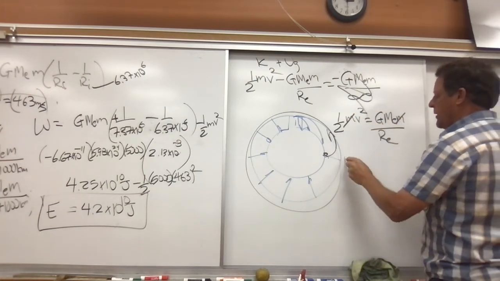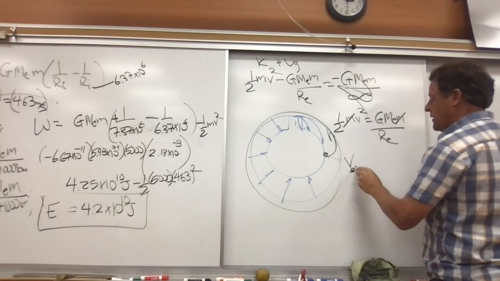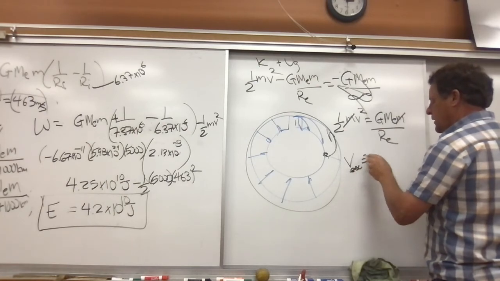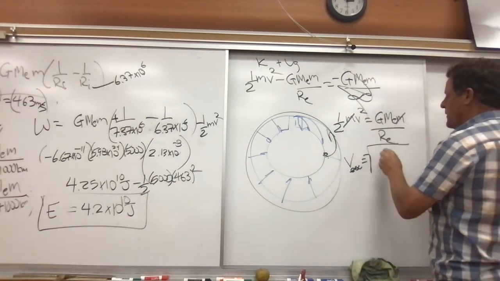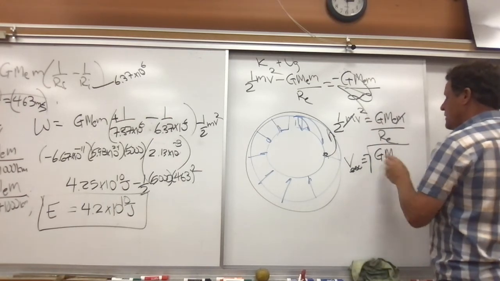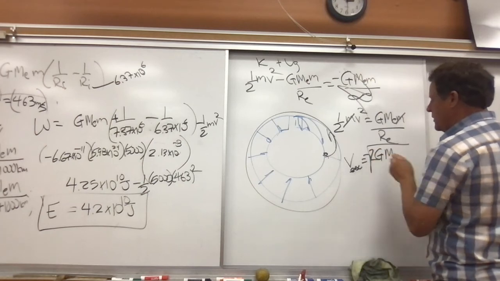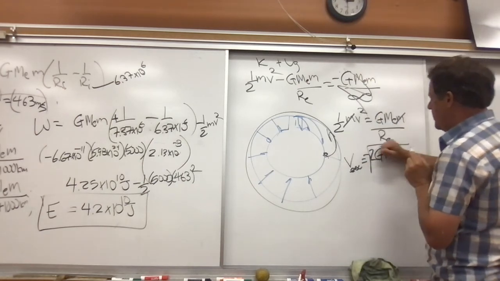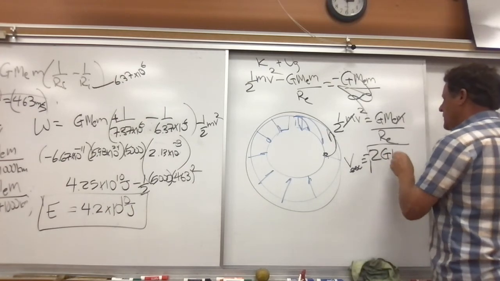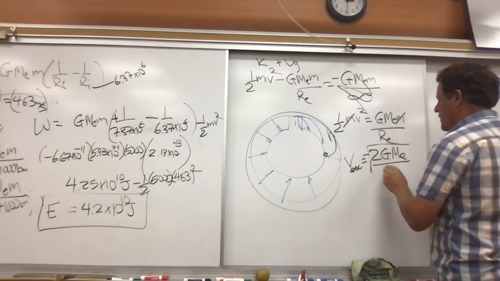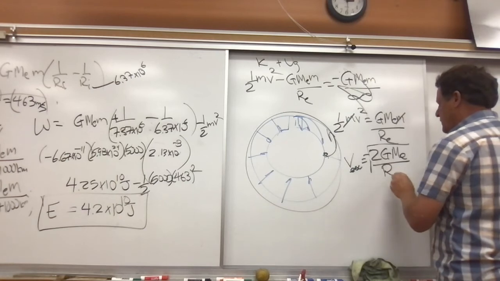This 2 is going to come out, so we're going to get v, the escape velocity, is going to equal the square root of 2G times the mass of the Earth divided by the radius of the Earth.